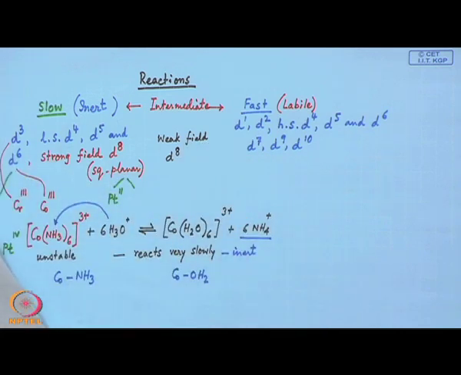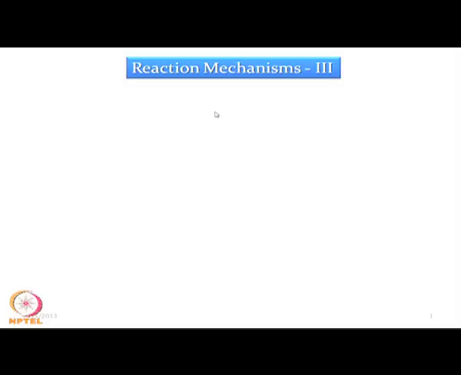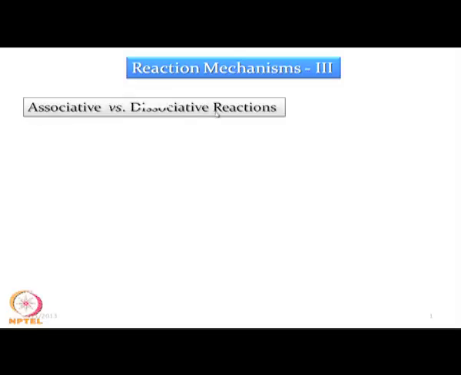So, what we will see is that during these reactions we can have two different types of reactions. One is the associative, another is the dissociative reactions. Whatever we are talking about here is the mechanism of substitutions.